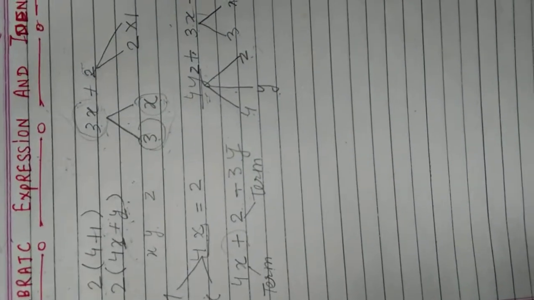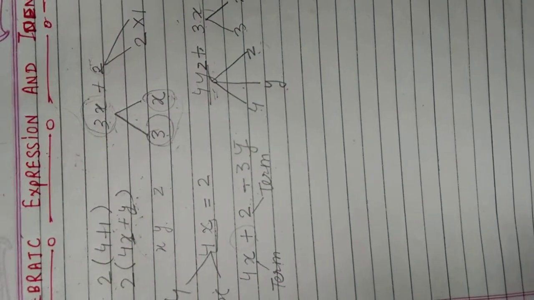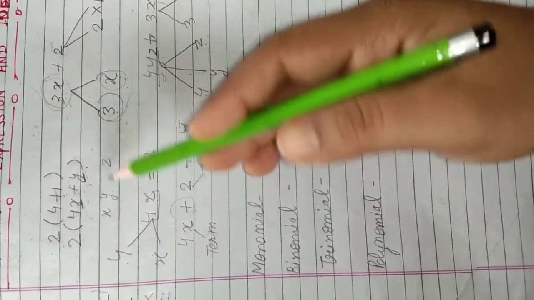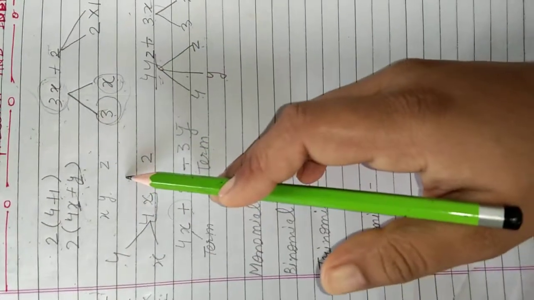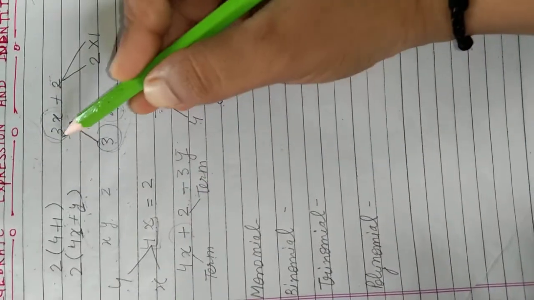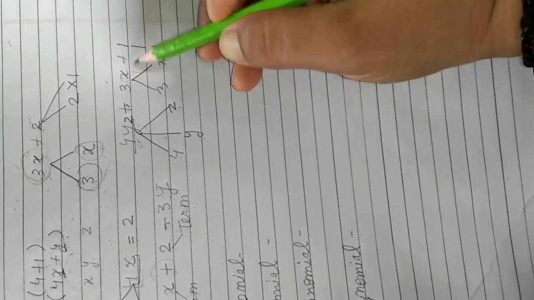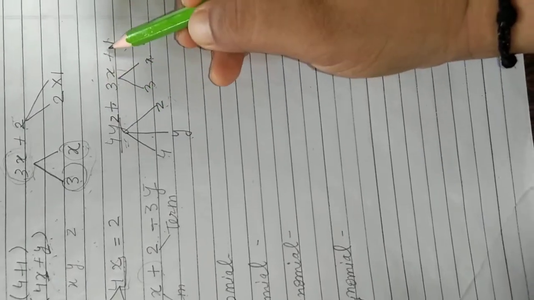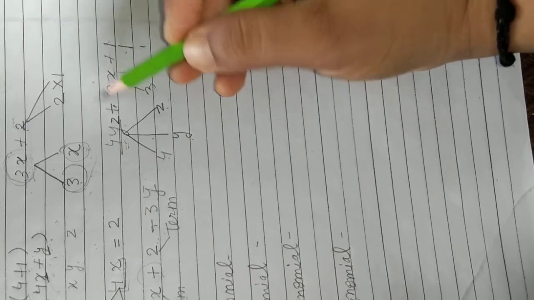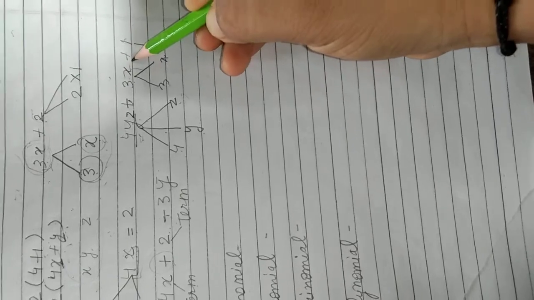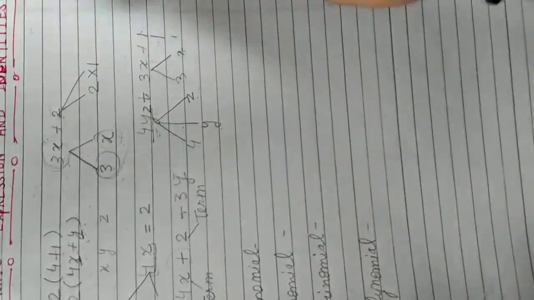monomial? What are monomial, binomial, trinomial and polynomial? A minute before, you saw one term here and two terms here, and in this expression 1, 2, 3 terms. All terms are separated by some operation, whether addition or subtraction.